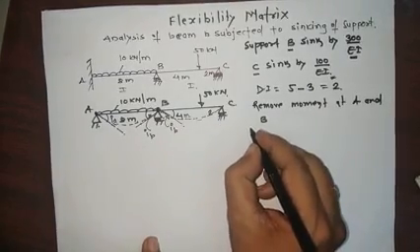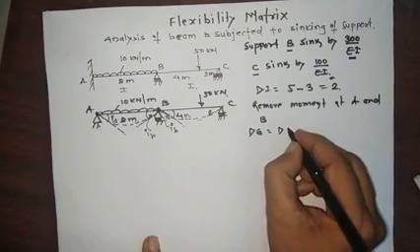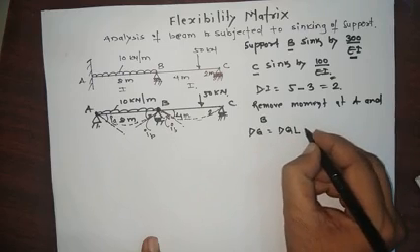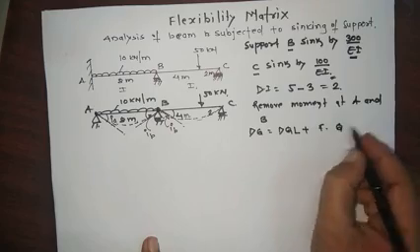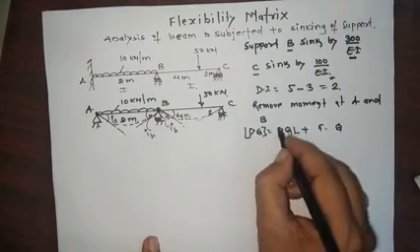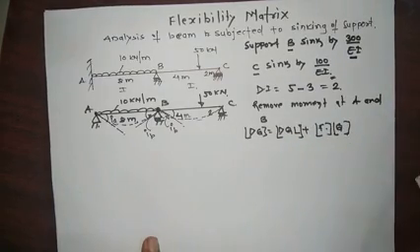Now our basic equation is DQ equals DQL plus F into Q. These all are matrices: the DQ matrix, then the DQL matrix, the F matrix and the Q matrix.